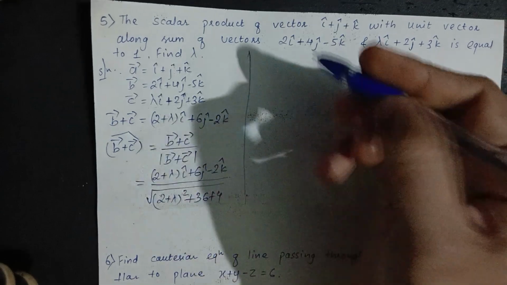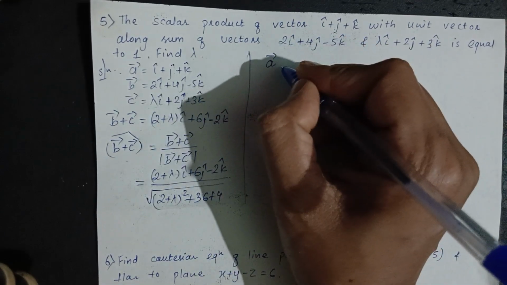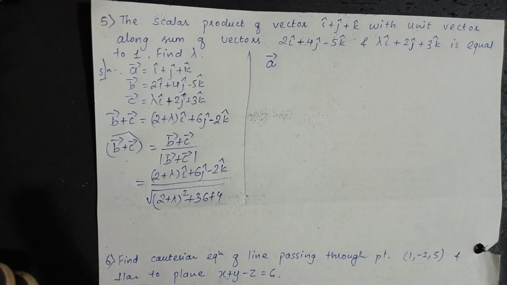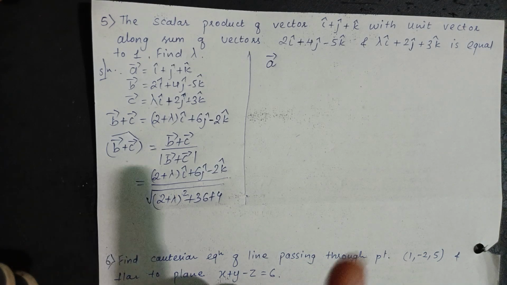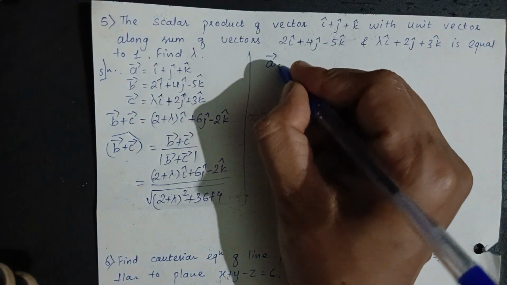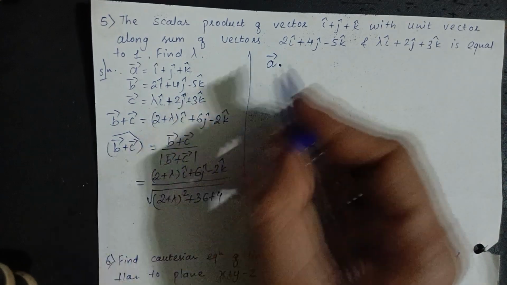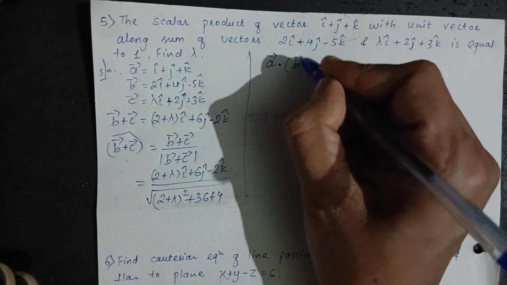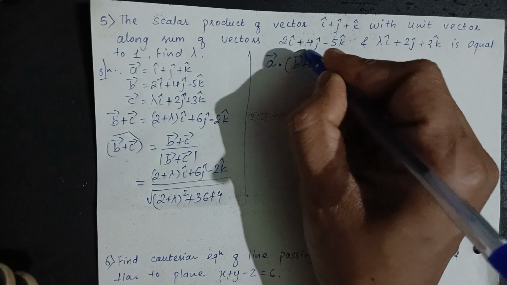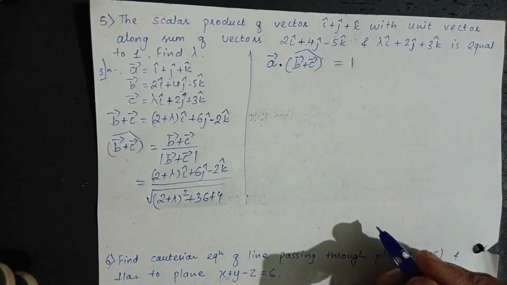Now it is given that the scalar product of the vector with the unit vector is 1. Scalar product is dot product and vector product is cross product. So A dot this vector is 1.